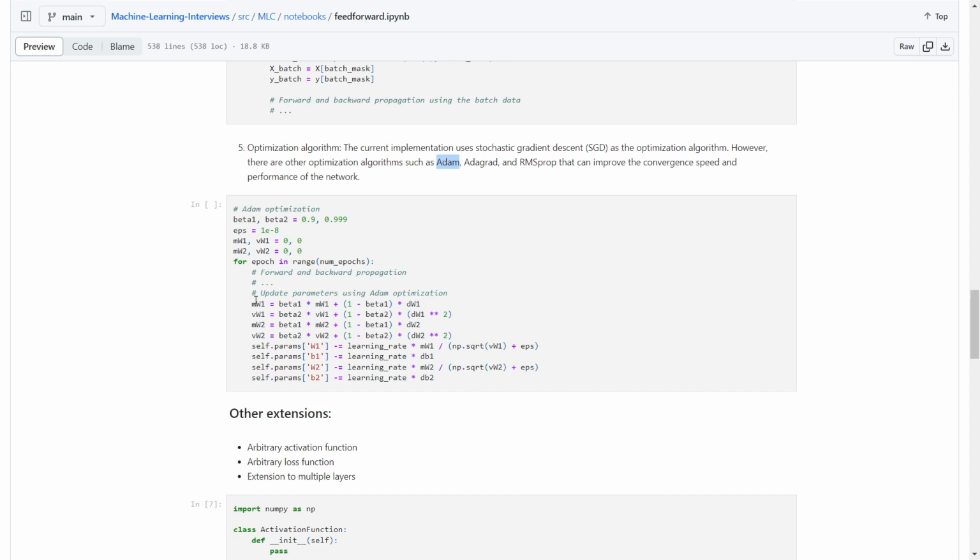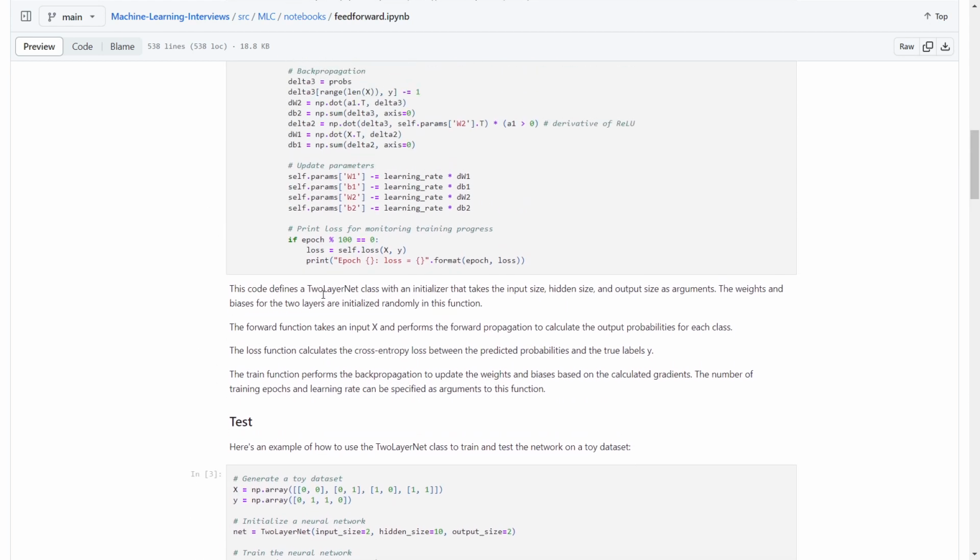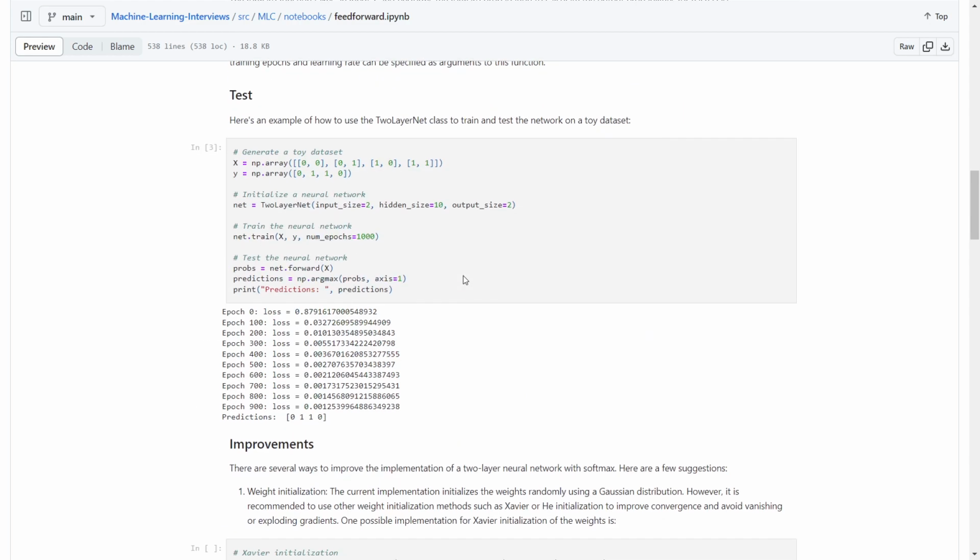In this case, how we update the weights is somewhat different. Earlier we were updating the weights in a very common fashion: W1 equals the earlier W1 minus learning rate times DW1.